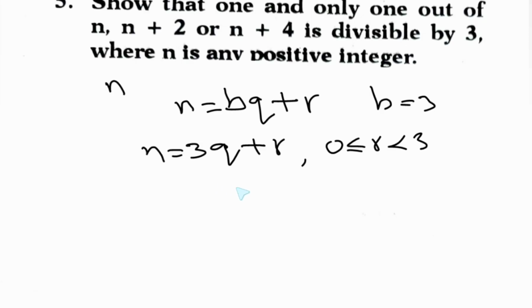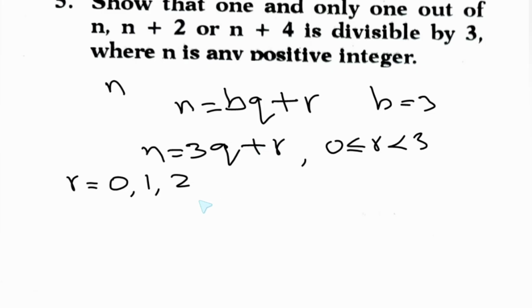So r is equal to 0, 1 and 2. This means the possible values of r are 0, 1 and 2.